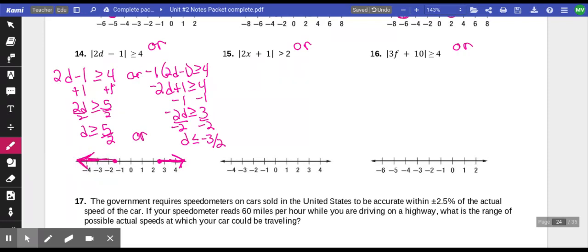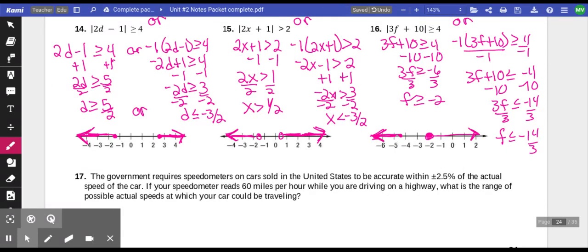So I want you to pause and solve 15 and 16. Okay, here's 15 and 16. Again, the important part is the two inequalities. So it's 2x plus 1 is greater than 2, and then negative 1 times (2x plus 1) is greater than 2. So my solution set is x is greater than 1/2, or x is less than negative 3/2, which I graphed on my number line.